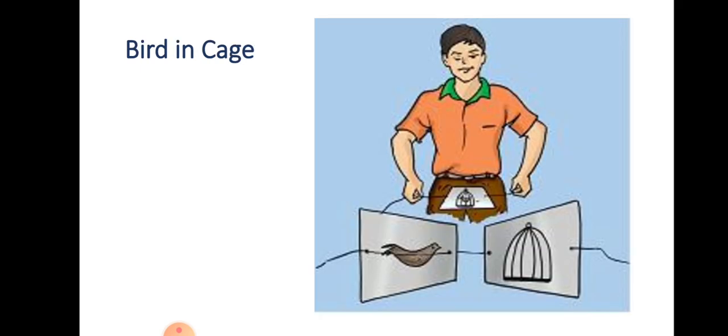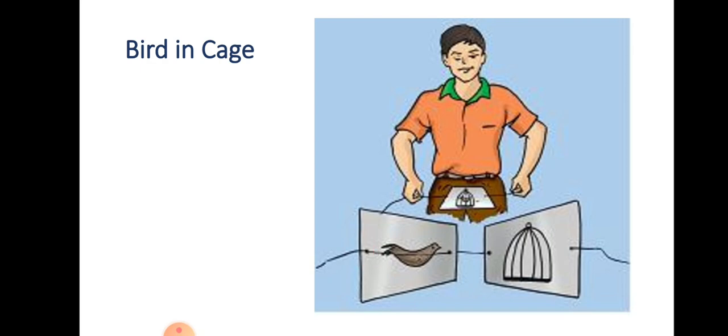To perform this, we can do this activity, the bird in the cage. Most of the children will play with this. You have to get a square piece of cardboard, 6 to 8 centimeters, and make 2 holes, as shown in the figure. Look at this one: put one hole here and one hole here also.